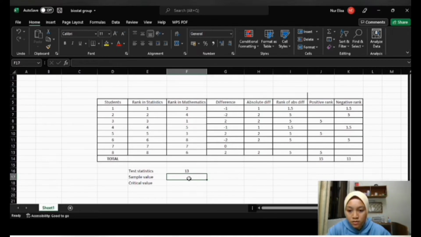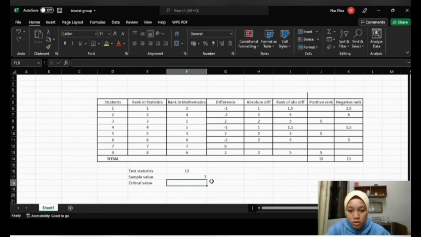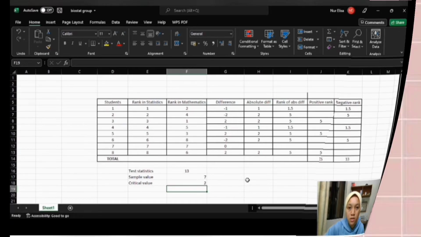And for the sample value, equal, count, open bracket, all the positive and negative rank. And so we got the sample value is 7. For the critical value, we can get it from the critical values table, which is 2. So here the way how to calculate in Excel.